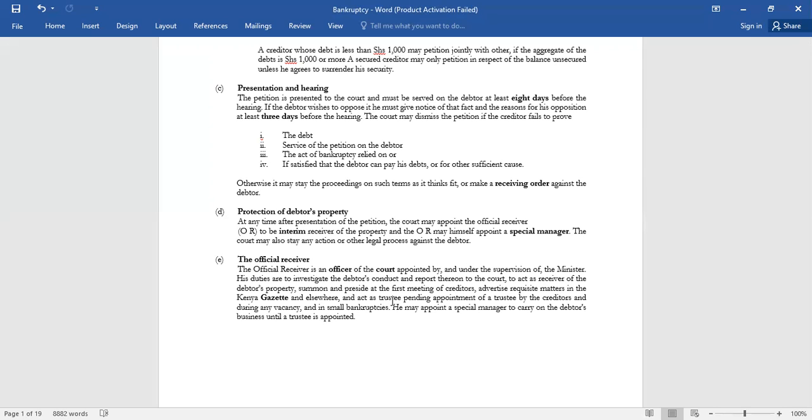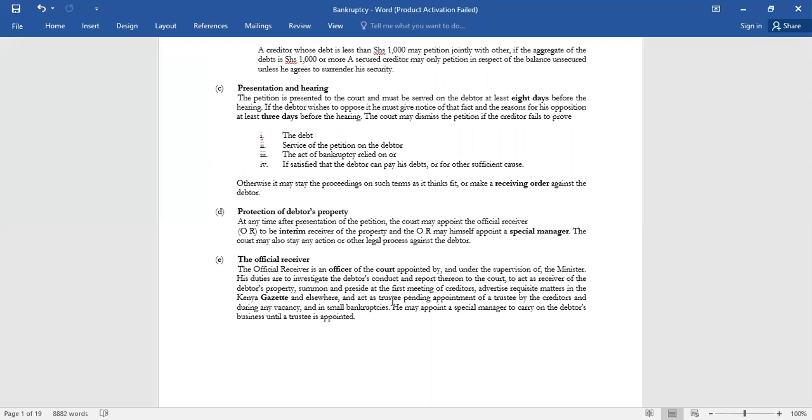And we know that there is a process that is supposed to be followed, including placing you on the Kenyan Gazette or any other acceptable platform. It could be broadcast or print media. We can go to the newspaper, the dailies, or go to the television or the broadcast.